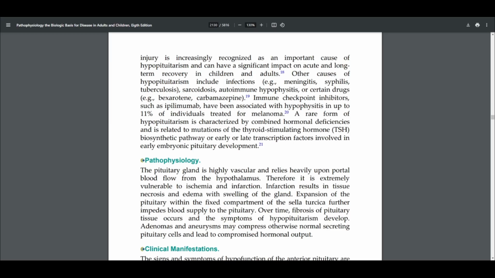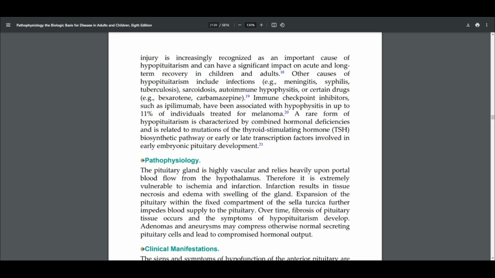Other causes of hypopituitarism include infection, sarcoidosis, autoimmune hepatitis, or certain drugs. Immune checkpoint inhibitors, such as ipilimumab, have been associated with hypophysitis in up to 11% of individuals treated for melanoma.